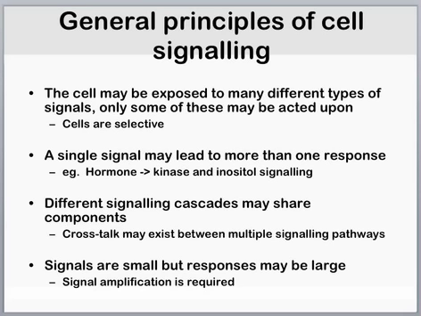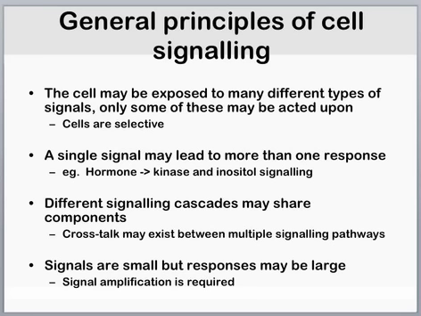So here we have a slide which is still talking about general principles of cell signaling. If you consider a cell in your body, it's exposed to many different signals all the time. There could be lots of signals happening in the body, but that cell is only responsive to a subset of signals.